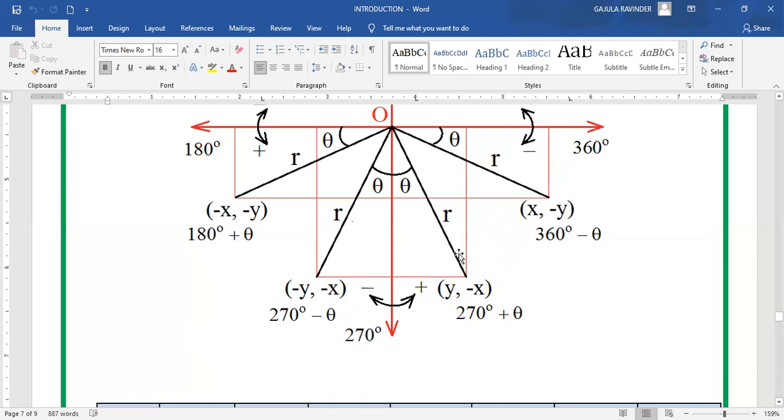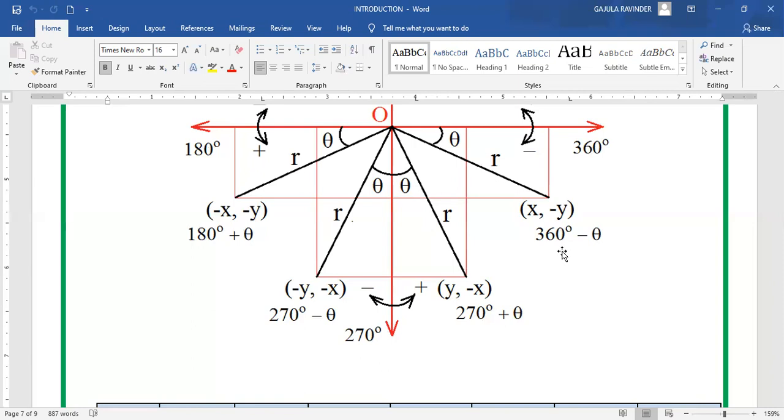Studying the ratios of every allied angle, that is 90 plus theta, 90 minus theta, 180 minus theta, 180 plus theta, 270 minus theta, 270 plus theta, 360 minus theta will be the same as minus theta, and 360 plus theta will be the same as theta. Hence, any trigonometric ratio of 360 plus theta will be simply the same ratio.